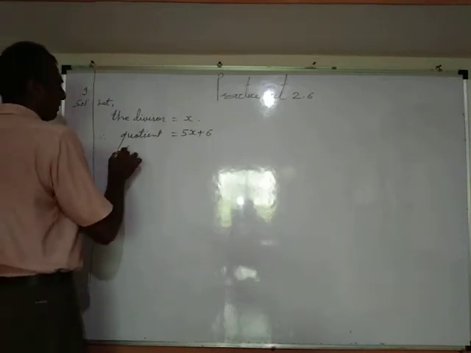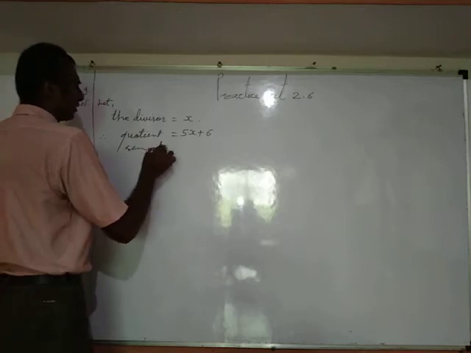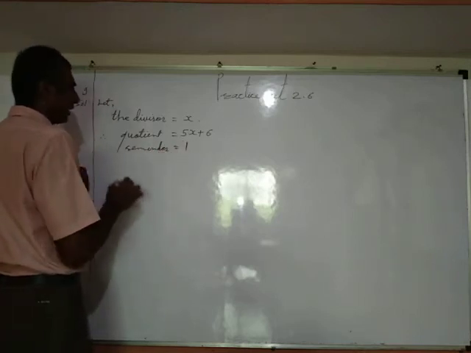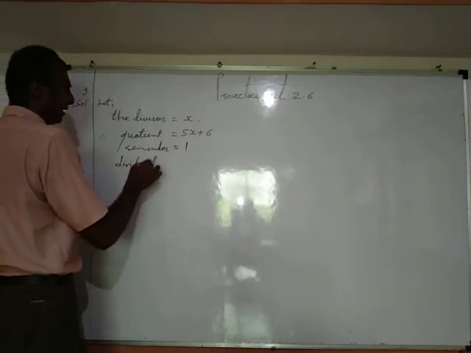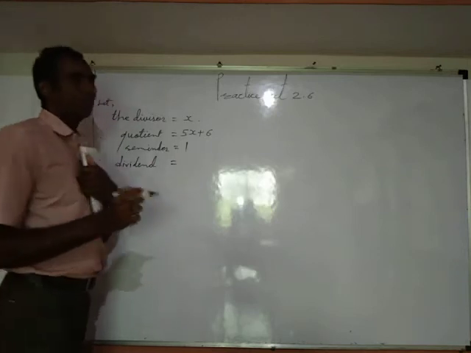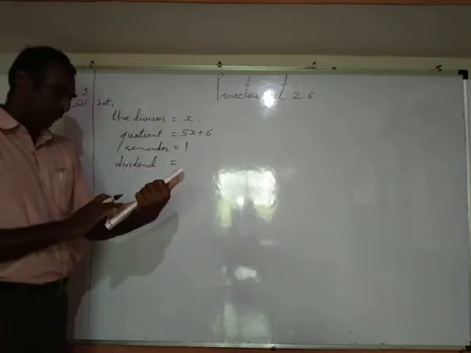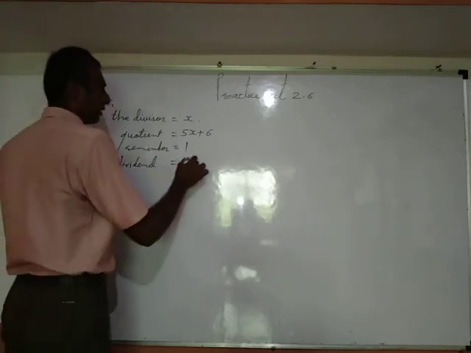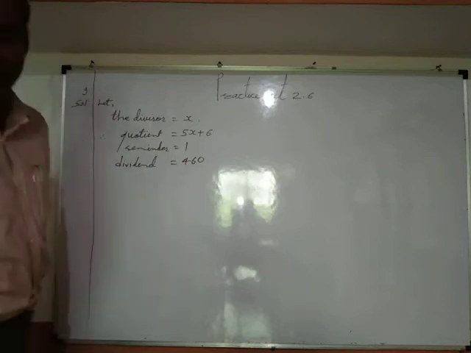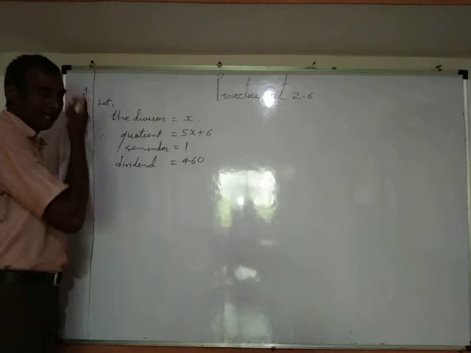Okay. And the remainder, he tells us remainder is 1, and dividend means a number which we divide by the divisor, and it tells us that 460 is divided by a natural number, means dividend is 460. We have an interrelation between dividend, divisor, quotient and remainder.